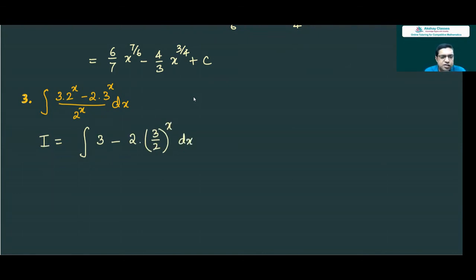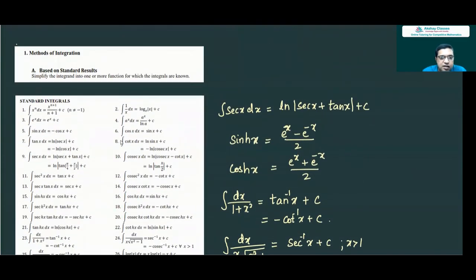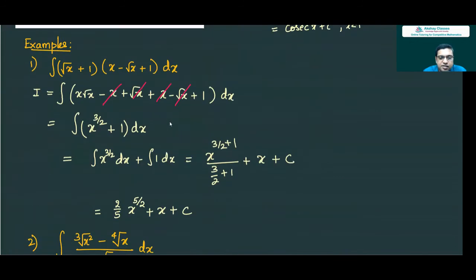The first is a constant, and the integral of a constant is x, so 3x, minus the integral of a^x, which is a^x upon log a. The result is that the integral of a^x dx is a^x upon log a plus c.